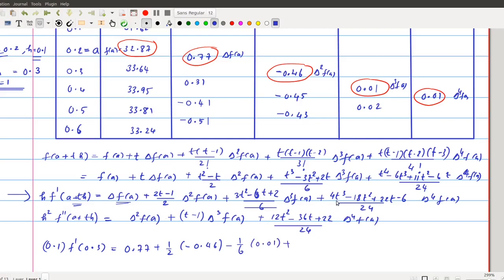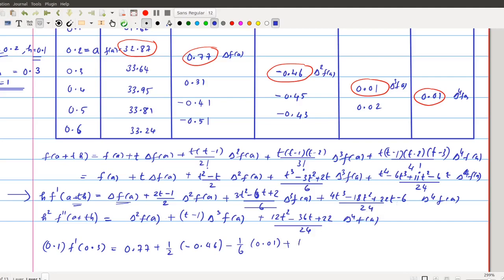Plus the fourth term, the last term. When t is equal to 1 here, you will get 4 minus 18, that is minus 14. Minus 14 plus 22 is 8. Okay, 8 minus 6, that is 2, then that will be 2 by 24.